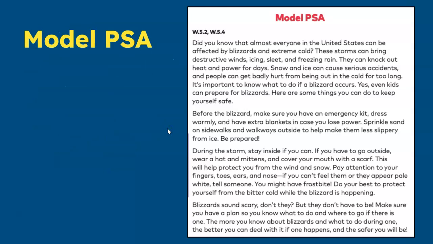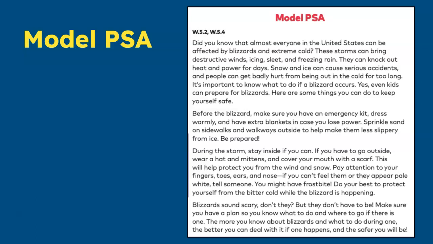Okay, let's look at this PSA model. It says, did you know that almost everyone in the United States can be affected by blizzards and extreme cold? These storms can bring destructive winds, icing, sleet, and freezing rain.